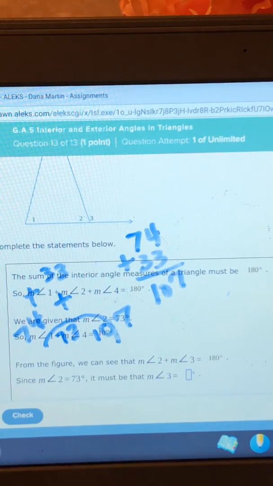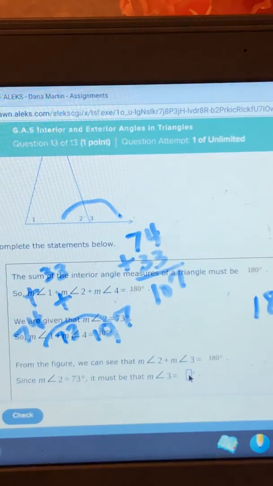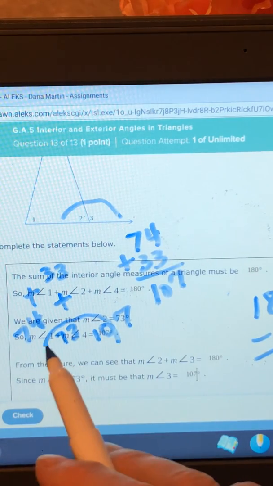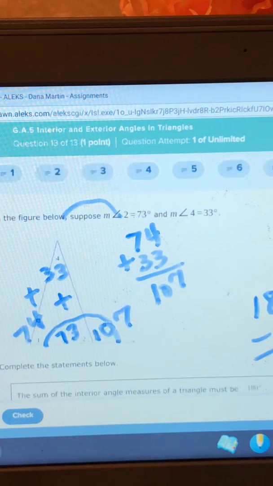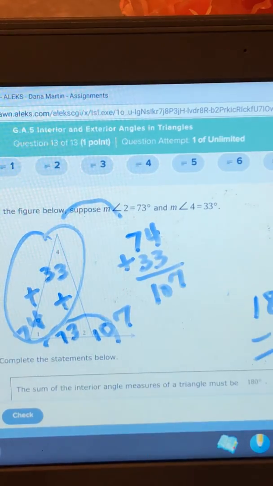And how do I know that? Because 180, which is what both of those are together, minus 73 is 107, okay? But I also knew that the measure of angle 1 and 4, the remote interior angles right here, also equals 107.